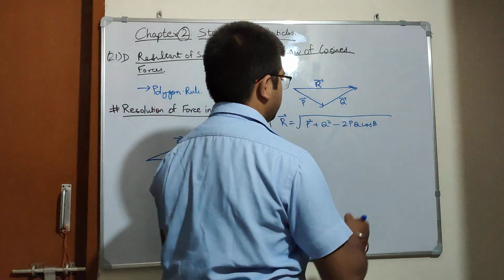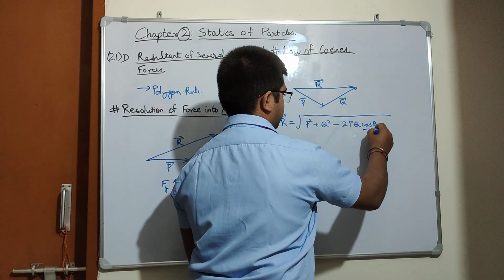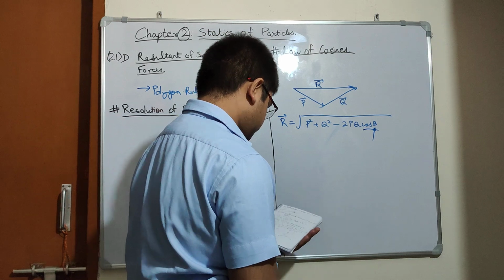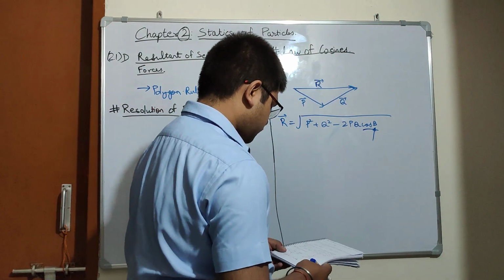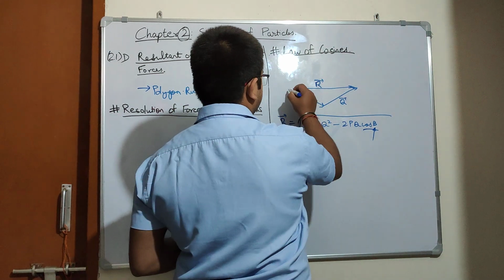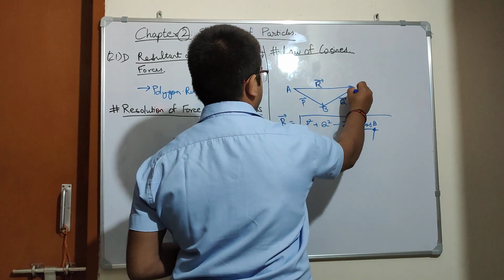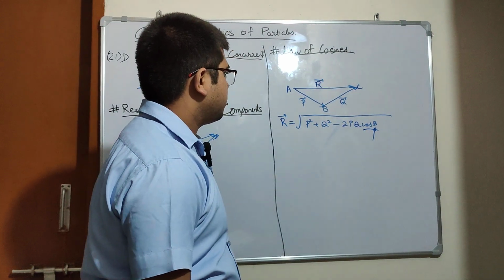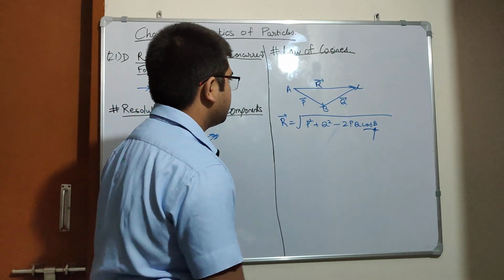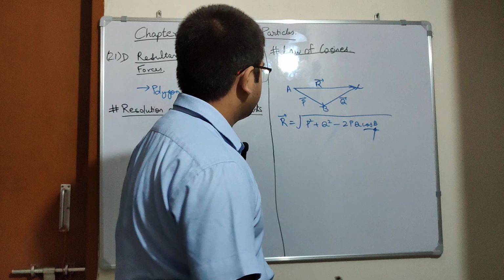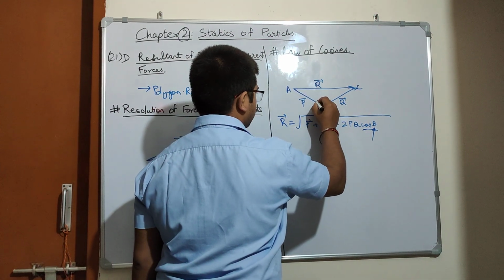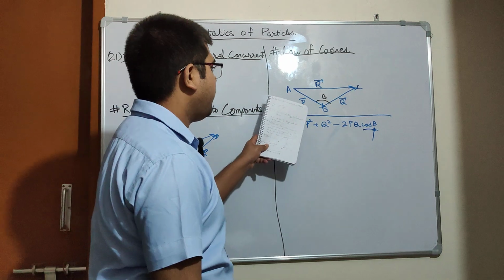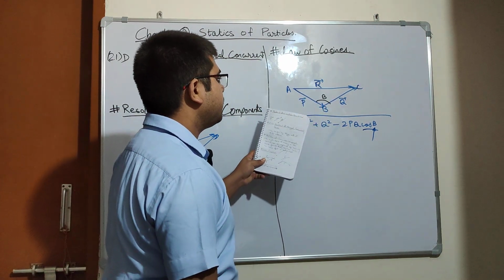Now what is this cos B? If we give this point A, this is B, this is C, as points to the triangle rule, so this is B. That is the angle contained between the two vectors.